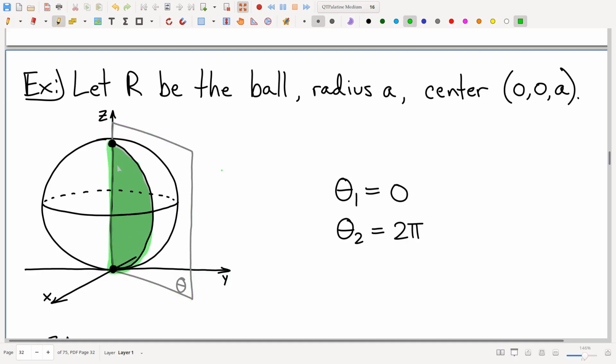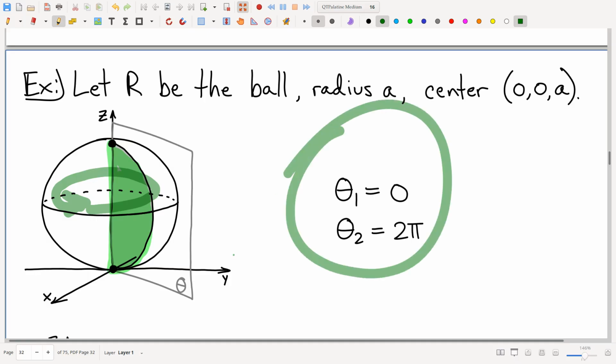Overall, we're going to get that sort of a picture all the way around this solid. You might say this solid surrounds the z-axis, and so these slices go all the way around, and thus 0 to 2 pi for our theta bounds. Everybody with me? Everybody happy?